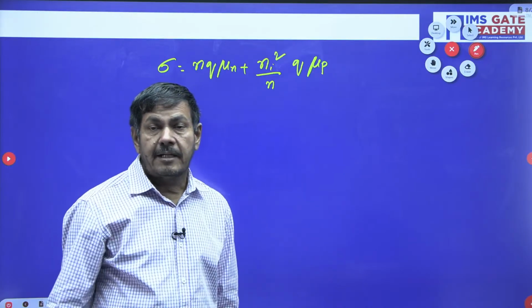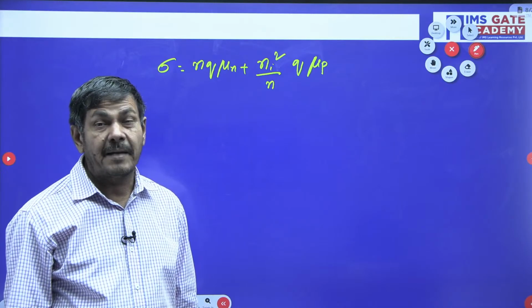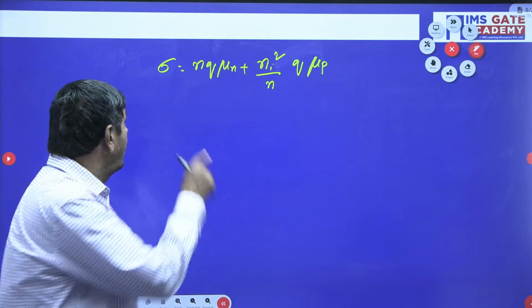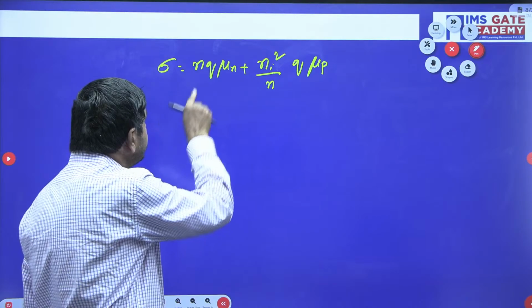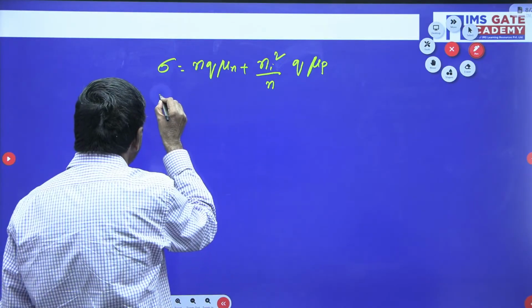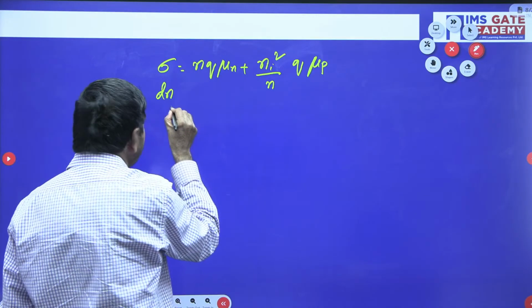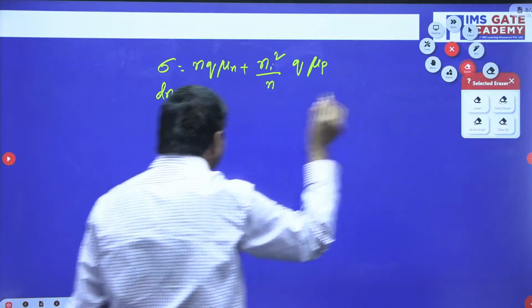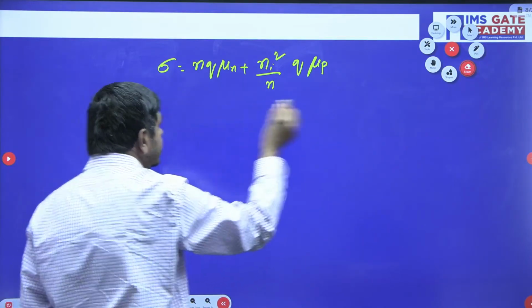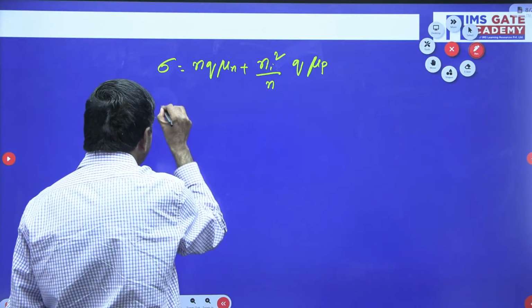At minimum conductivity, I want the concentration of electrons. According to maximum and minimum, the derivative of sigma with respect to n is equal to 0. That means you find d sigma by dn, differentiating on both sides with respect to n.